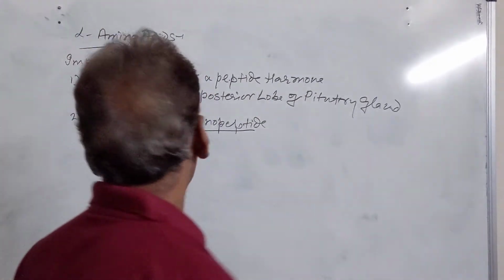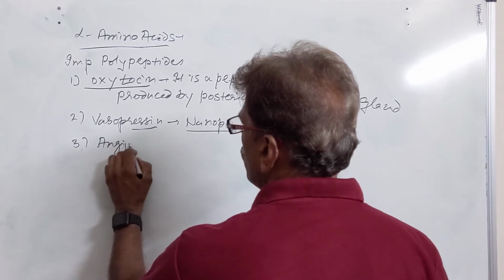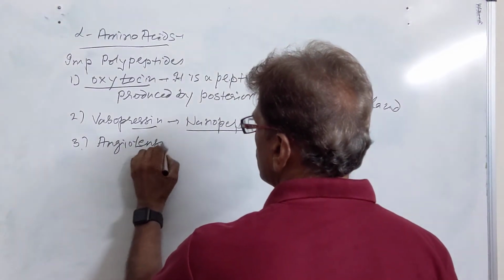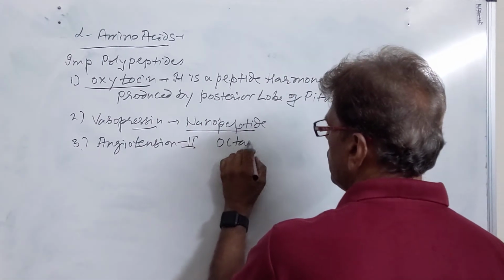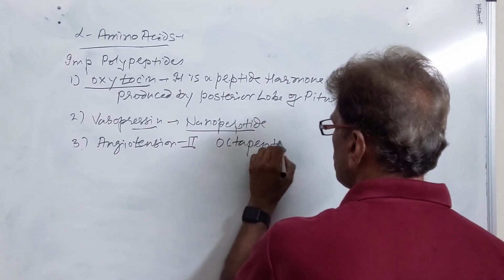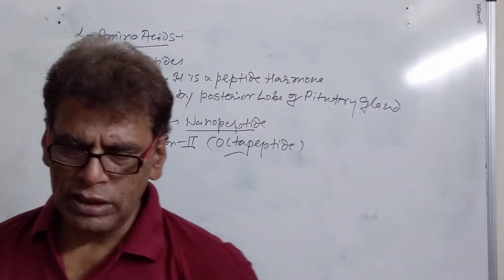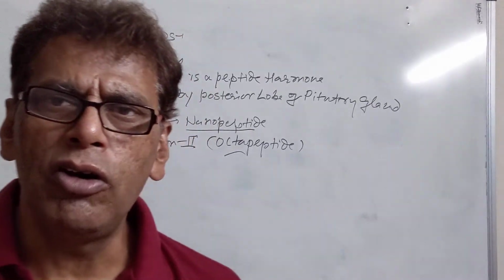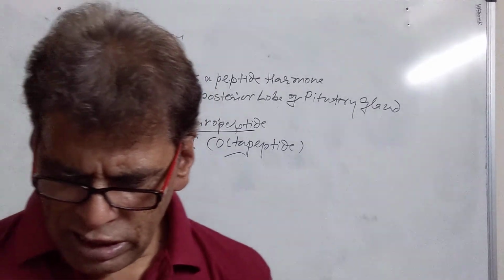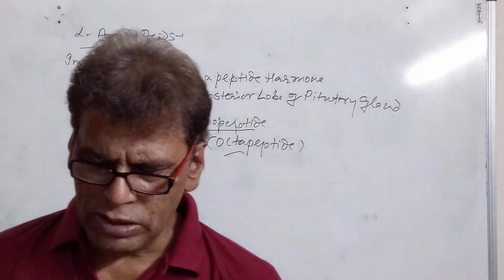Then we have the third important polypeptide, that is angiotensin 2. It is an octapeptide. It is found in the blood plasma of those persons who are suffering from hypertension, the patients of high blood pressure.